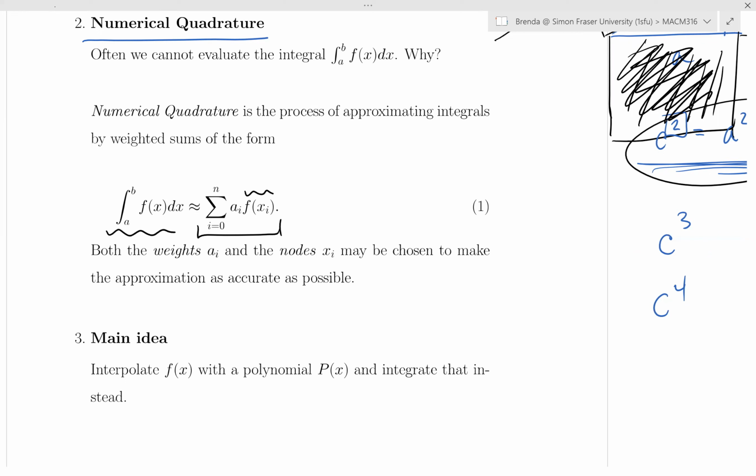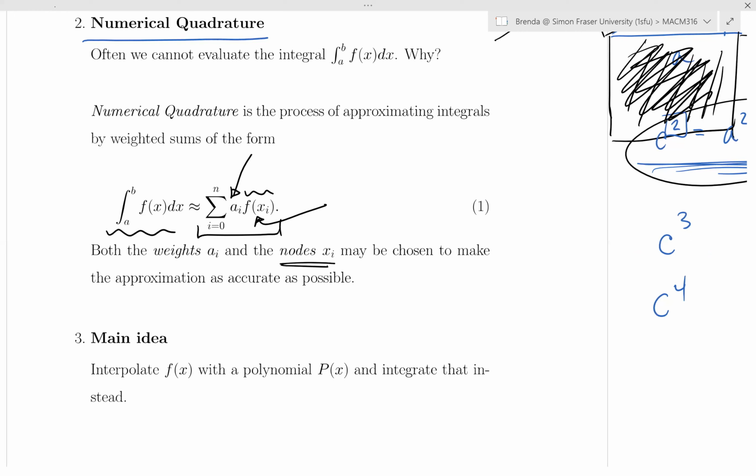So once we've made this decision that we're going to approximate an integral by a sum, we have two choices we can make. We can decide what constants we should use, and we can decide what nodes we should pick, to try to make the approximation good, which means accurate. Okay, so both the weights and the nodes might be able to be chosen.